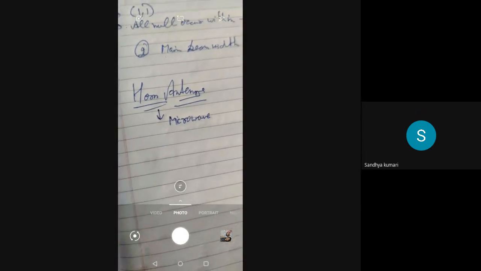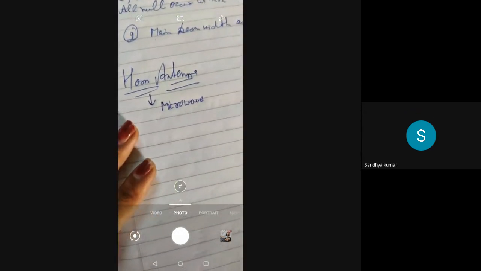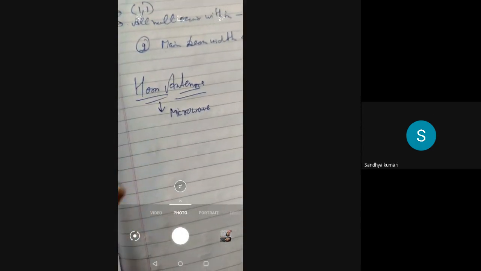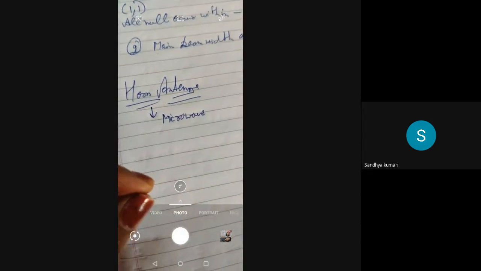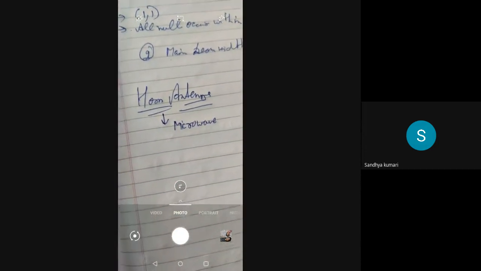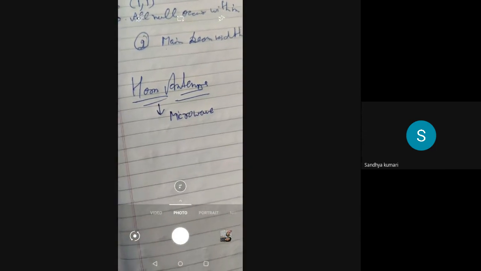Here also the same thing happens, but the shape used for the construction of the antenna is in the form of a horn. This is the only difference.